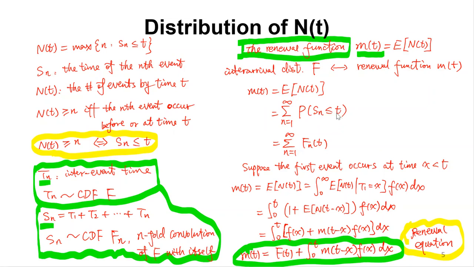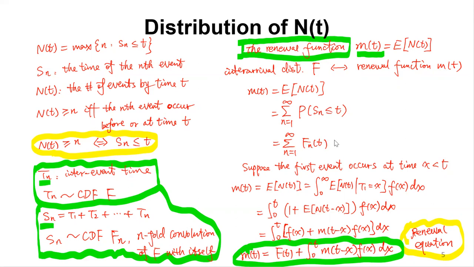By time t, if, for example, there are already 10 events, then S1 less than t is 1, S2 less than t is 1, and you add all of them together to get the expectation. What is this? This is a CDF, because it is less than or equal to. So you just add all the Fn of t together.